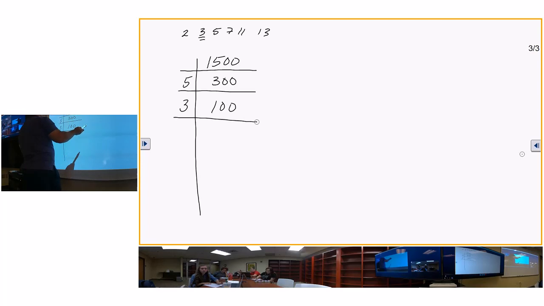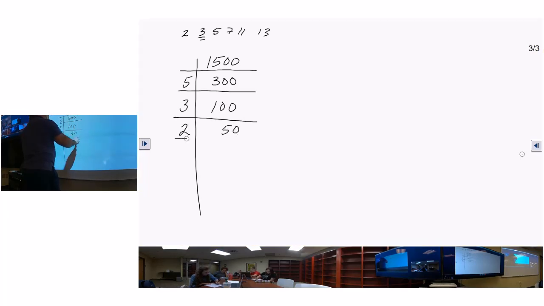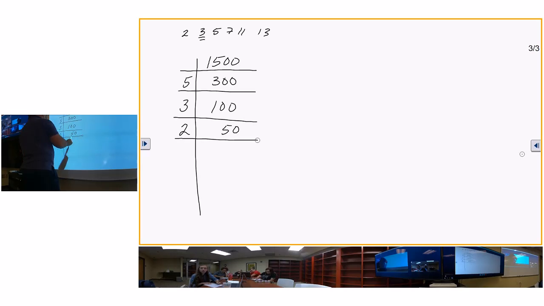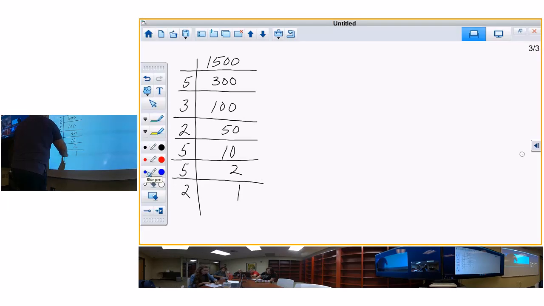I could use 2. 2 goes in there 50 times. Now I can use 2 again, or 5. I could use 5. 5 goes in 10 times. Now what will go into 10? 5, and that will be 2 times. And what will go into 2? 2. So here is your prime factorization.